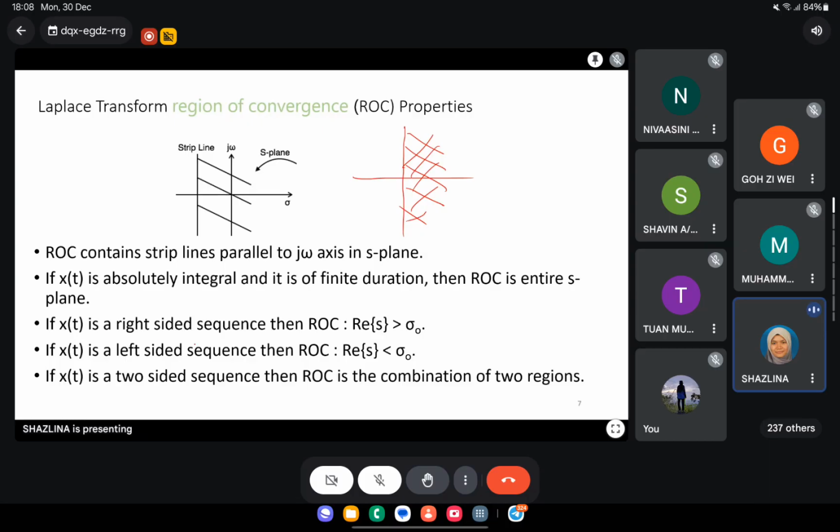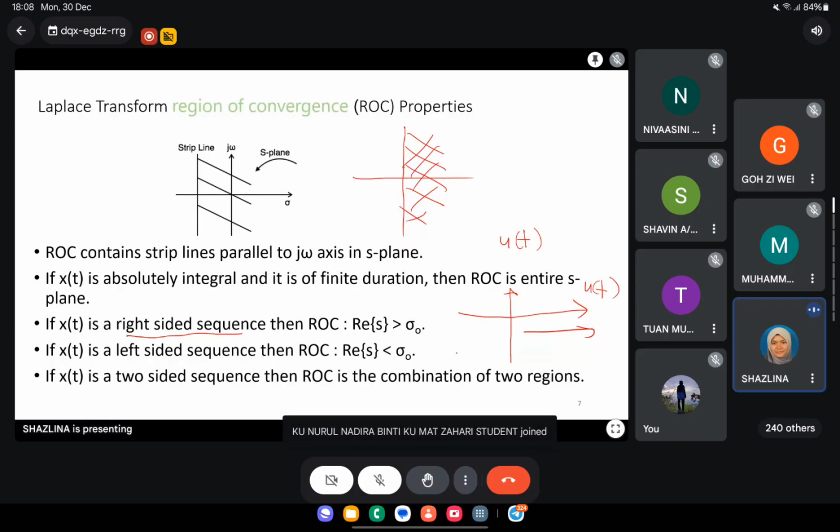If x(t) is right-sided, what does a right-sided signal mean? Meaning that the equation is u(t), meaning the time is positive, on the right. So if the signal is u(t), or right-sided, then the ROC is Re(s) bigger than sigma naught.